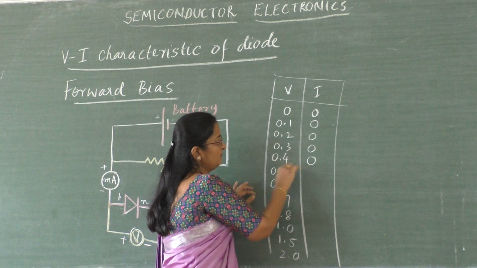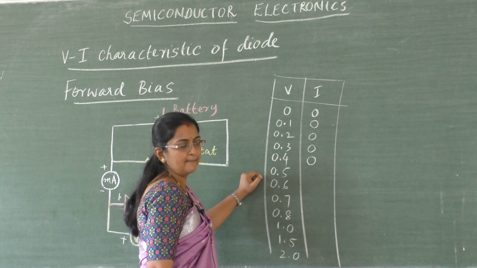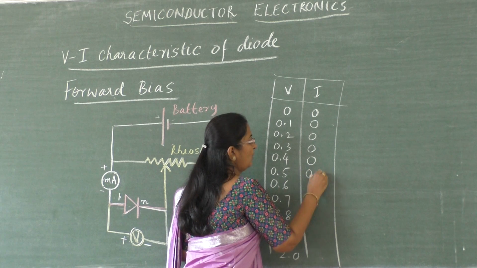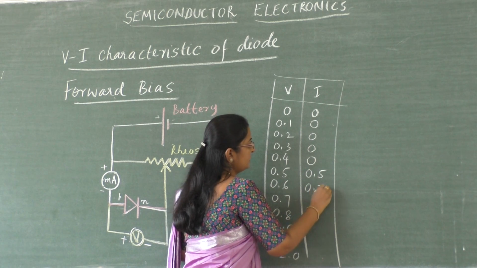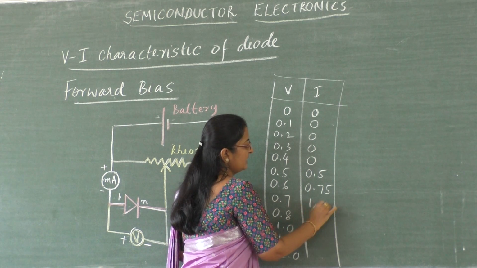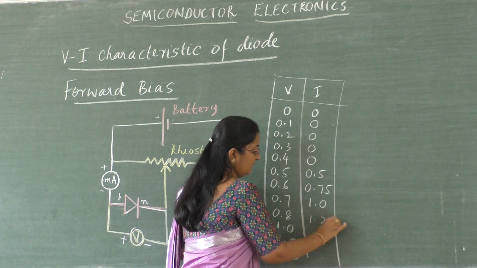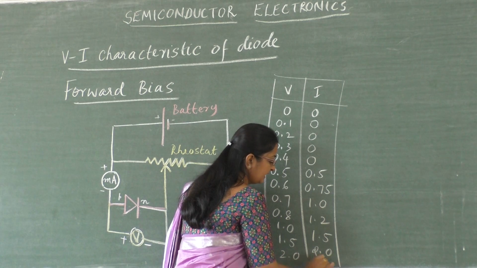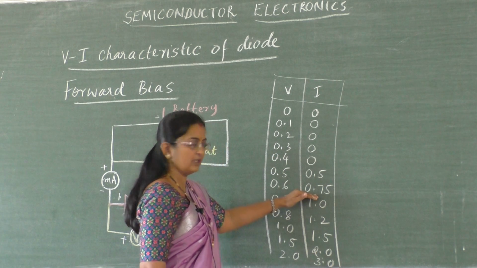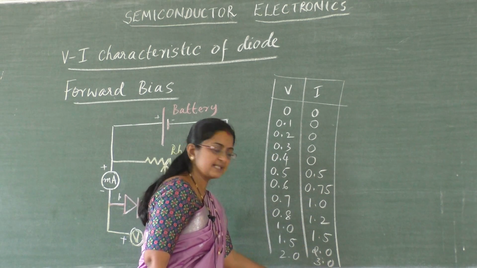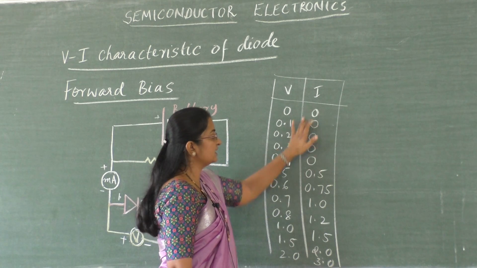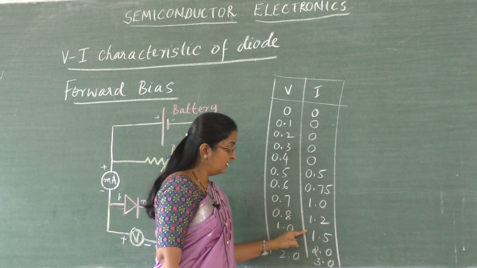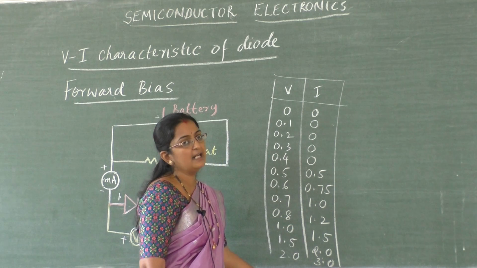Then after some values, there will be a small amount of current, say 0.5, then 0.75, then 1, then 1.2, 1.5, 2, 3, etc. After one particular value, the current increases sharply. Initially the current is 0, then slowly it starts increasing, then the increment is very large.